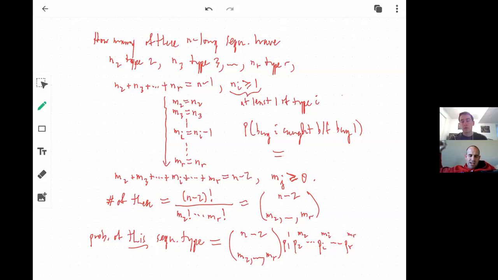Wouldn't it be a sum of some kind, from 1 to n minus 1?